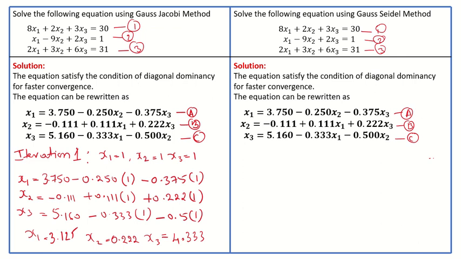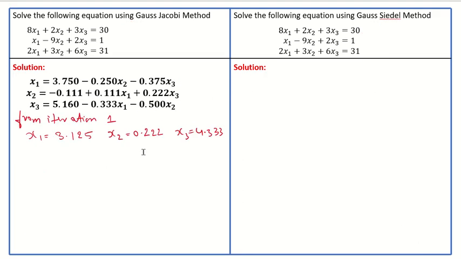Now we'll do the second iteration. In the second iteration, we are going to substitute the values we got in the first iteration, that is x1 equal to 3.125, x2 equal to 0.22 and x3 equal to 4.33. Wherever x1, x2, x3 are there, you are going to substitute these values in iteration 2. So in iteration 2, x1 equal to 3.750 minus 0.250 x2.